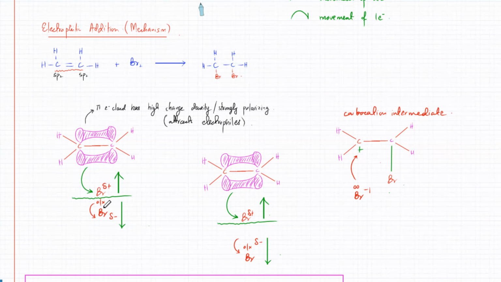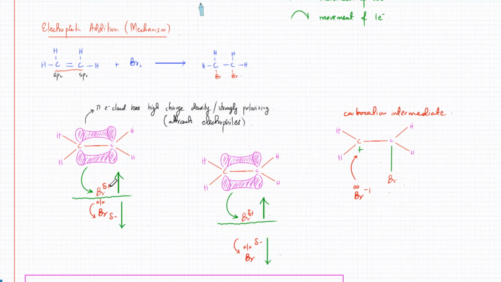The electrons over here will be repelled further away. This bromine would become negatively charged, and it's going to get repelled even further away. So the negative bromine will break away, and the positive one, the one that is electron deficient.